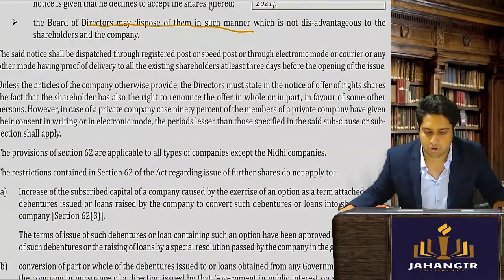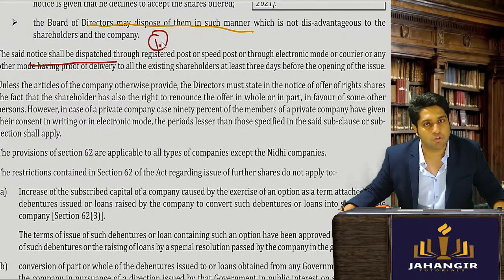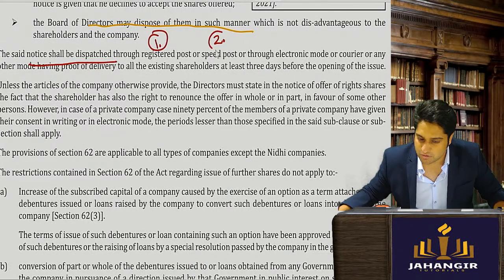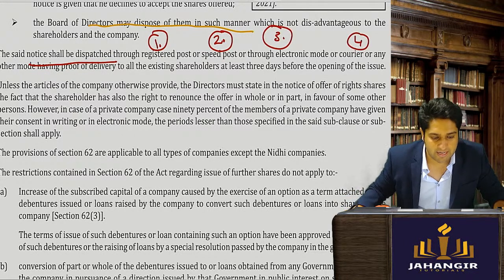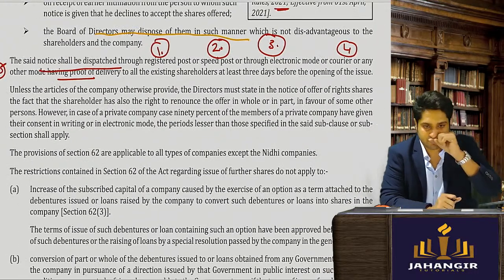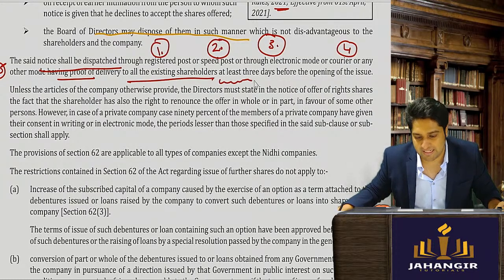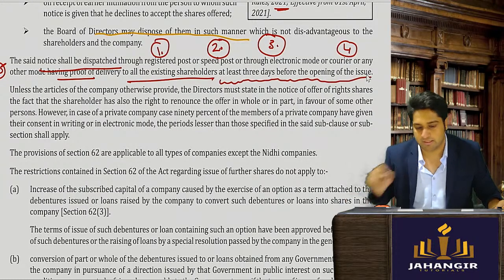The notice of this offer shall be dispatched through registered post or speed post or electronic post or courier or by any other mode, as long as I have proof of delivery to all the shareholders at least 3 days before the opening of the issue.